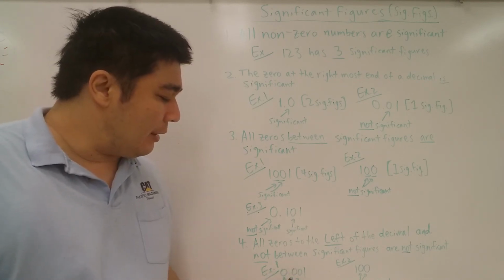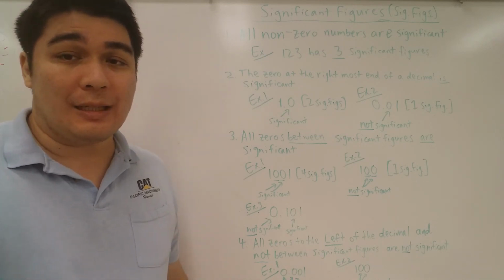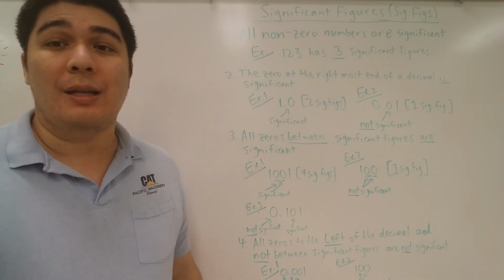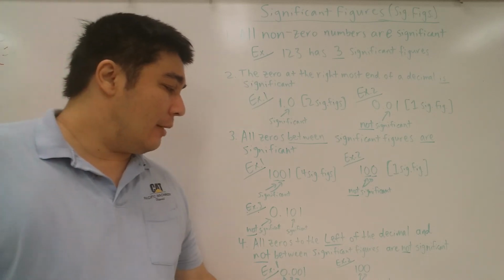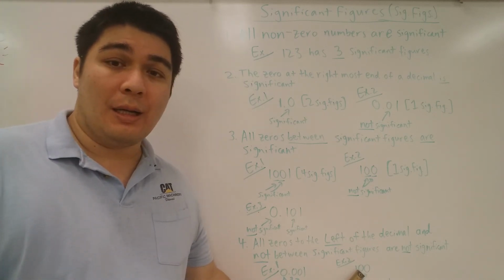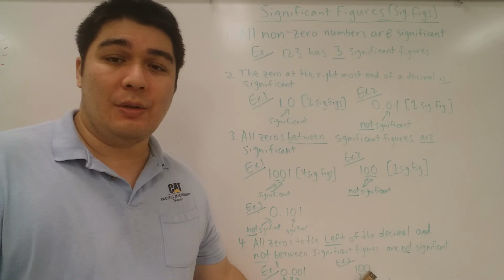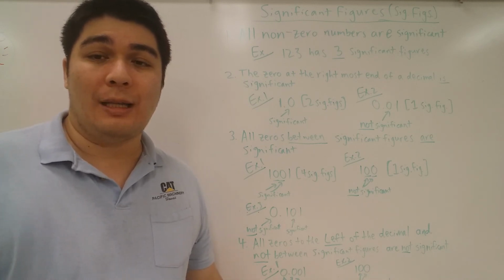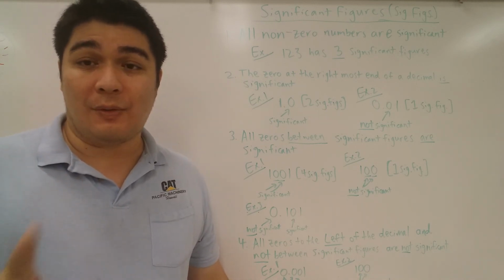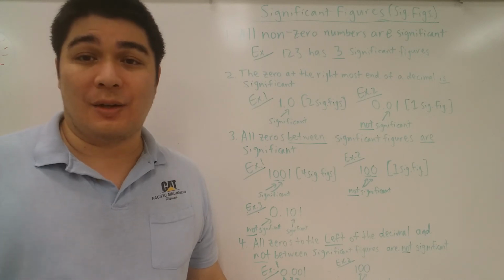These 2 zeros here are not between significant figures, therefore they are also not significant. And of course, the other one I gave earlier, 100, these 2 zeros here are to the left of the decimal and not between significant figures, therefore they are not significant.